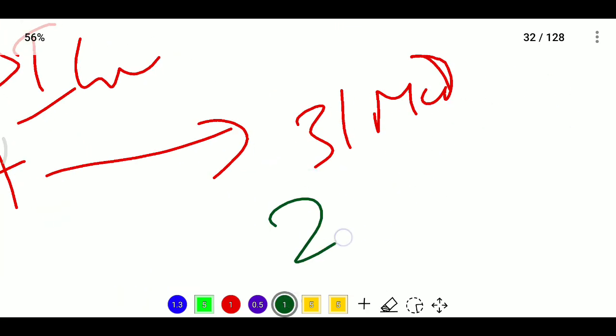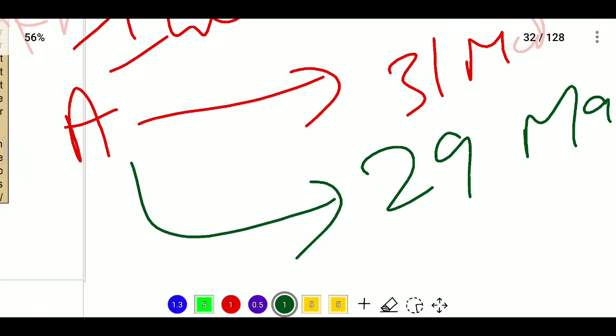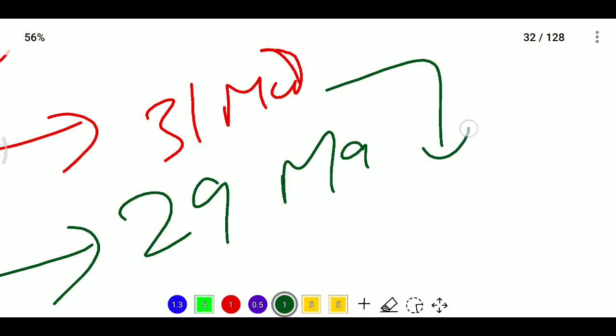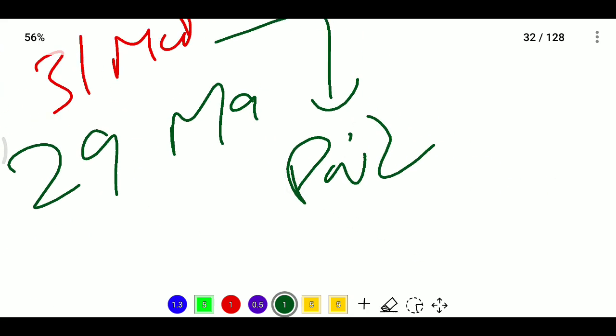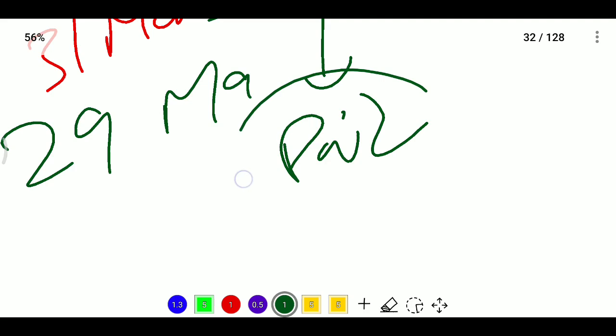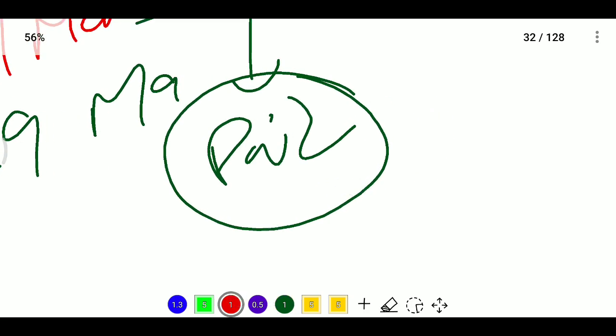Take, for example, the 29th of March: up to this date there are no payments, and on 31st March they paid the amount, so that the account became regularized. Now we need to see whether the source of this amount is genuine or not.